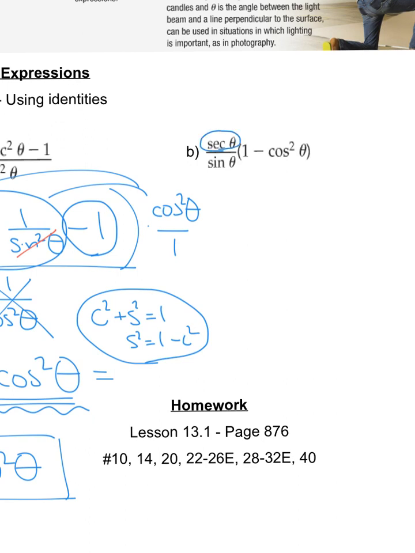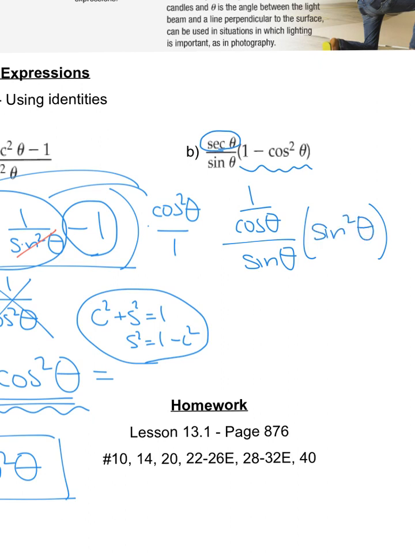So, well, what do I know about secant? I know secant is 1 over cosine. Sine is pretty simple, so I'm gonna leave that one alone. And then just like before, oh man, 1 minus cosine squared, I've seen that before. I know 1 minus cosine squared is sine squared. Then at that point, we just want to simplify.